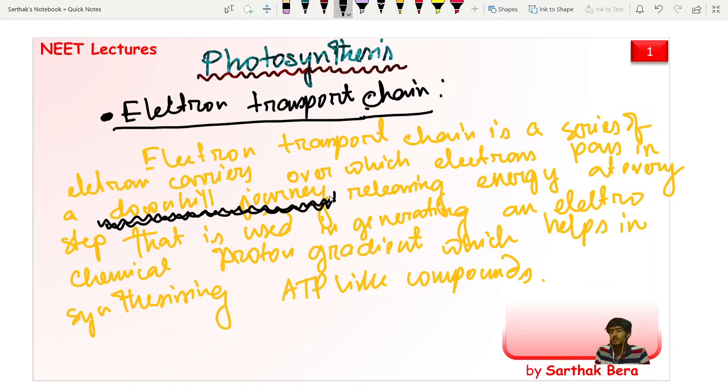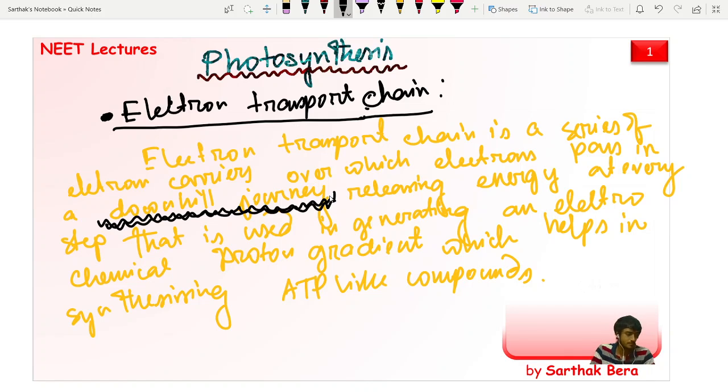We will be talking about it later when we talk about the chemiosmotic hypothesis. The protons accumulate in the thylakoid, and outside the thylakoid there are fewer protons, so there is a proton gradient, and this proton gradient helps in synthesizing ATP-like compounds. So this is an electron transport chain.